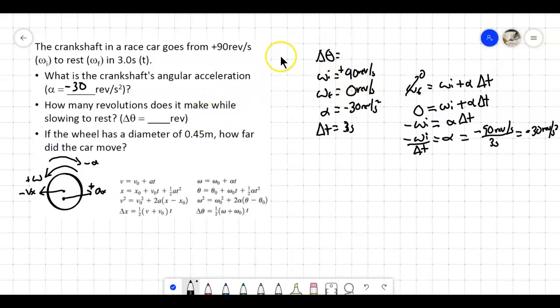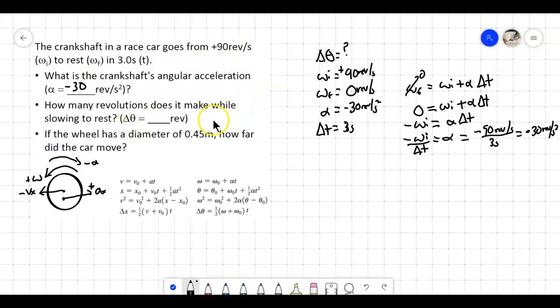Now in the next question, we're trying to find delta theta, or the angular displacement. That should be a positive number, because the omega is positive. That means it's spinning counterclockwise, is what we chose. It doesn't say in the problem, but actually they do give it, positive 90. So, okay, cool.